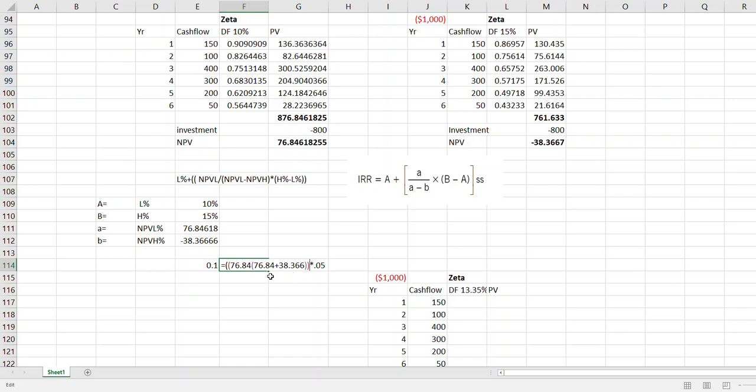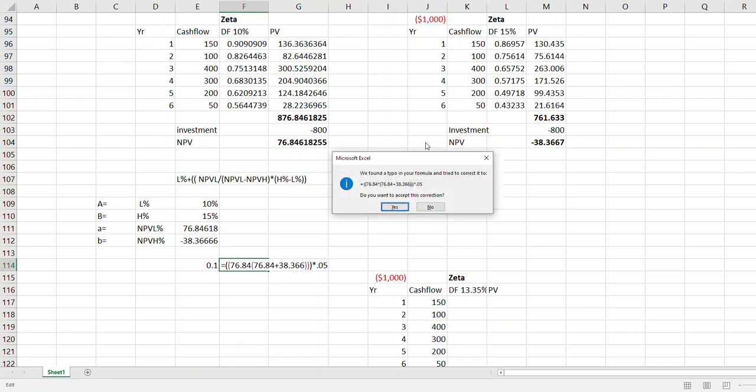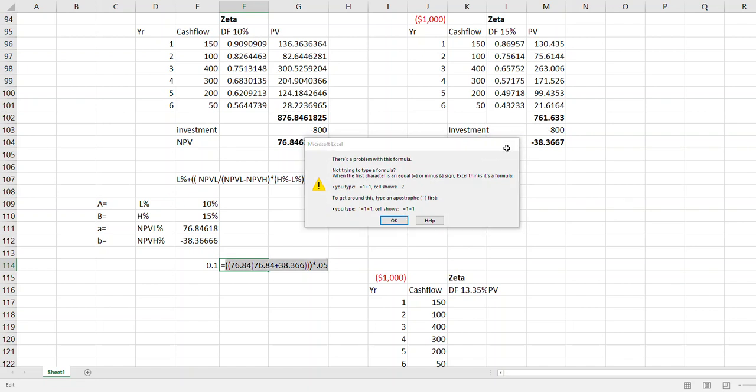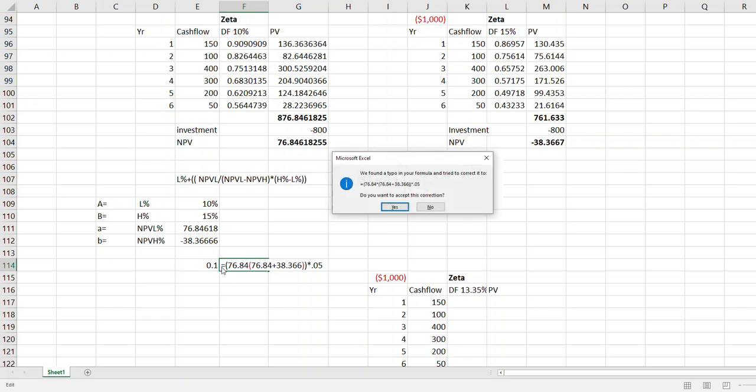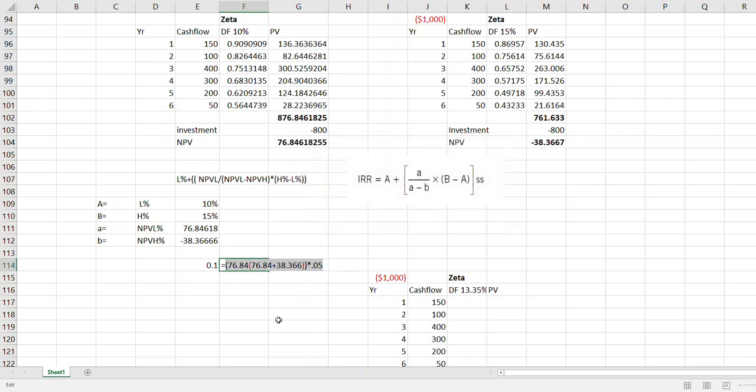So let me correct the brackets. So we have bracket here.